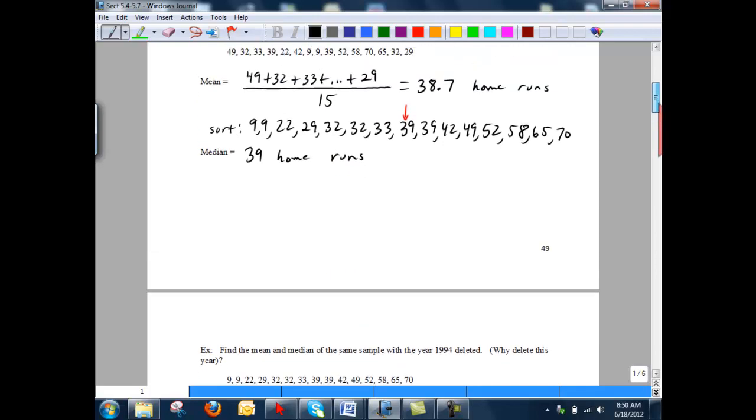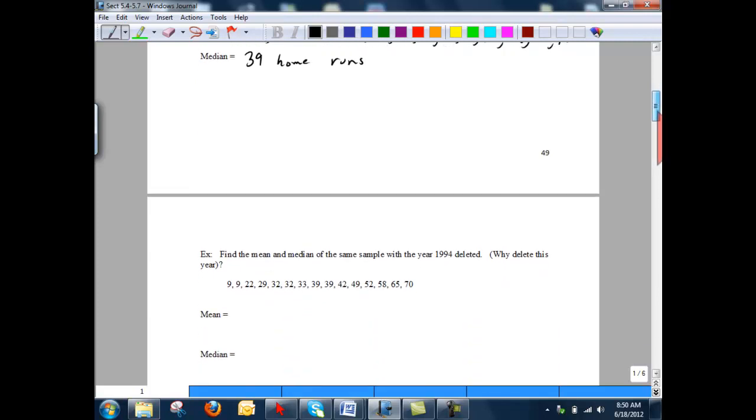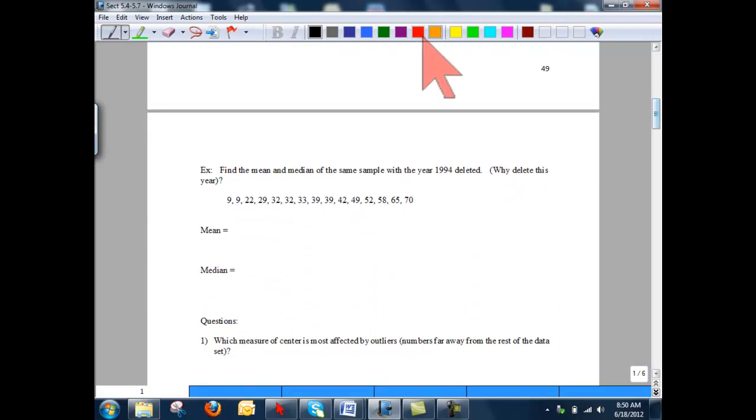Okay, we talked before about the fact that Mark McGwire's home run totals had a couple of outliers, these 9s. One was due to the baseball strike, and one for Mark McGwire's injury. He was injured a particular year. Suppose we decide the following.